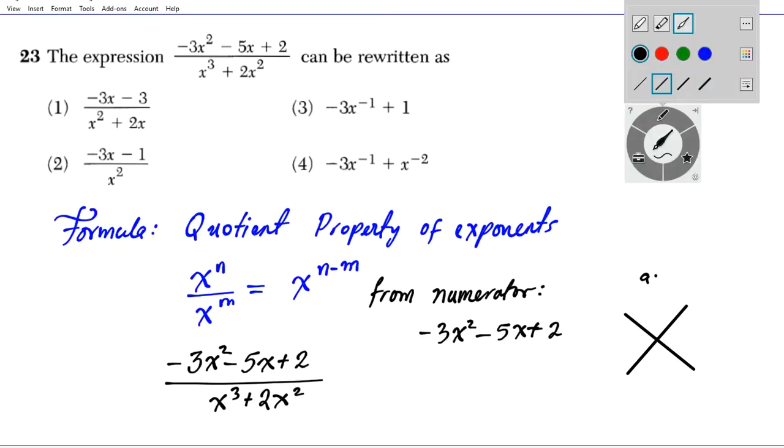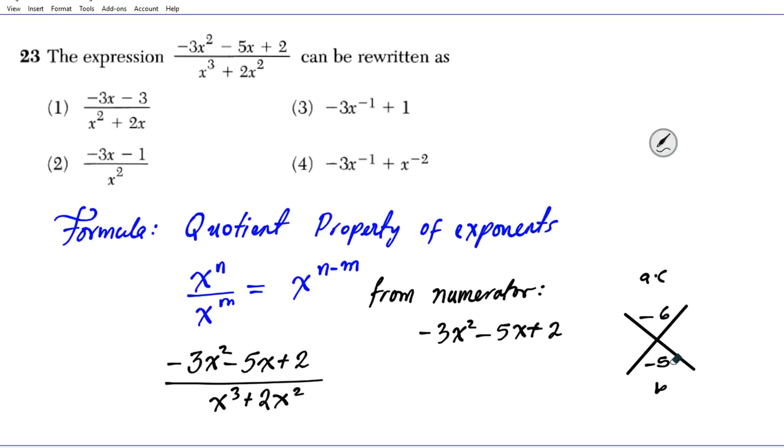AC goes on top, B goes on the bottom. AC is negative 6, B is negative 5. So think of two numbers that multiply to give you negative 6 and add to give you negative 5. So we can use negative 6 and 1. A good distractor here is 2 and 3. But if you try and work out the signs, it won't work out, okay?